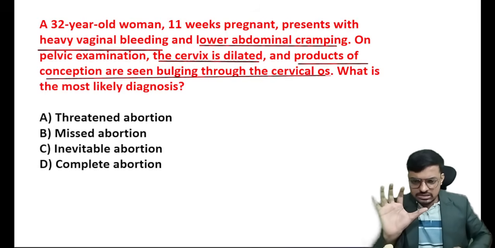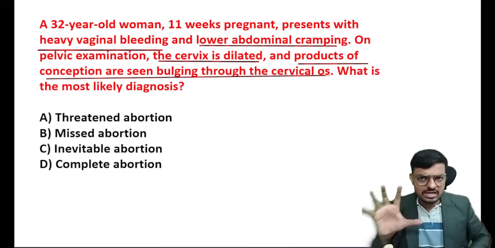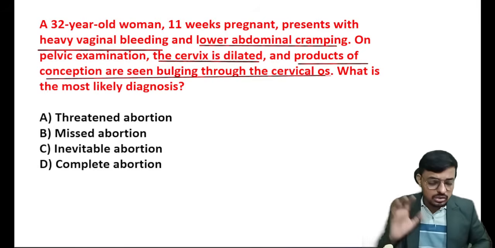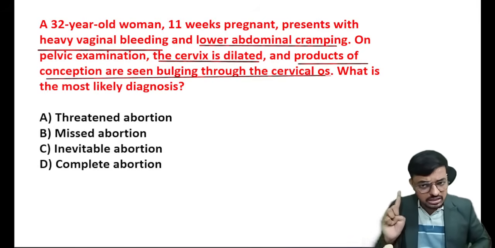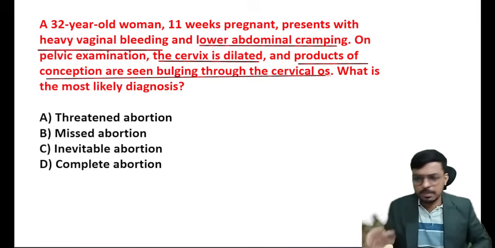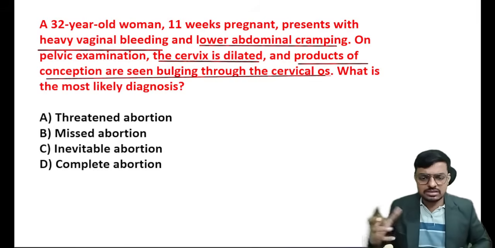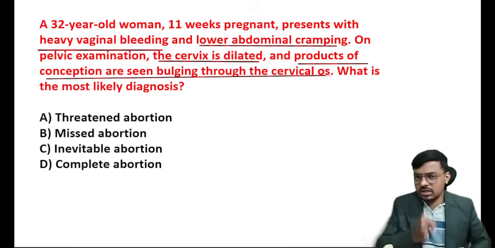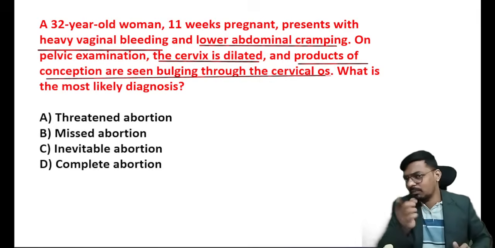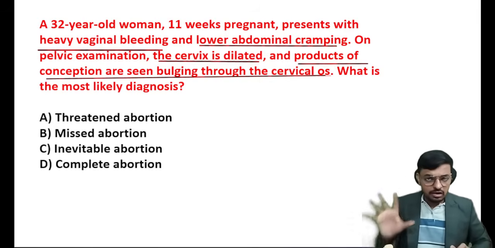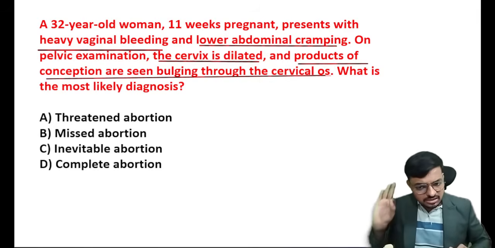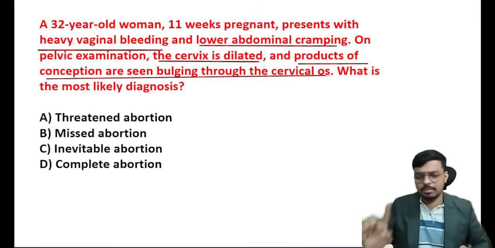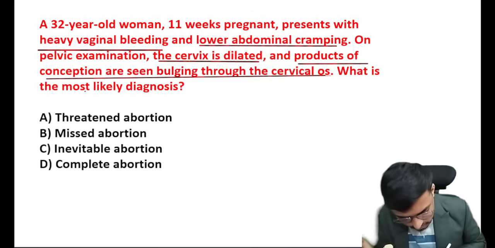Just at the os of the cervix we can easily see the product of conception, but it has still not come out of the uterus. Remember, I intentionally inserted this question because you may get confused that the product of conception is there. If it is still inside the internal os, then that is neither an incomplete abortion nor a complete abortion. Remember. So what is the most likely diagnosis?